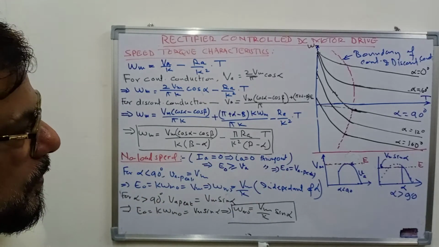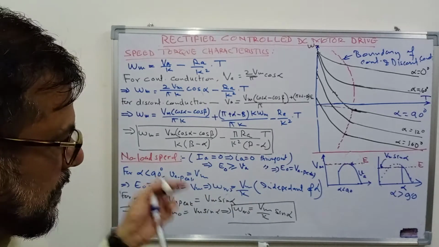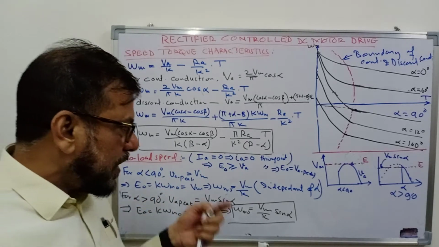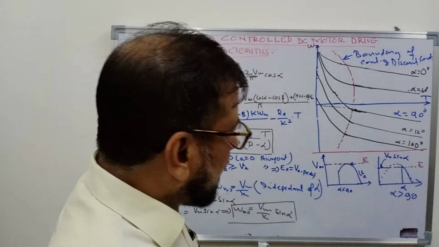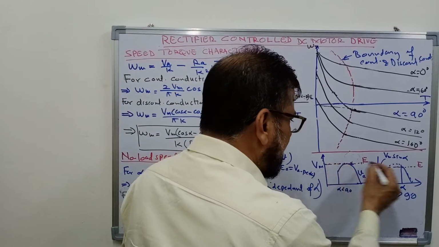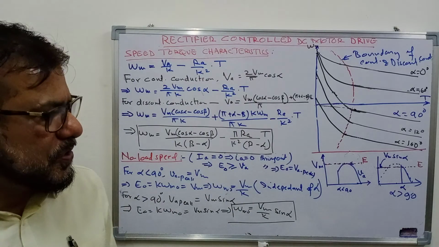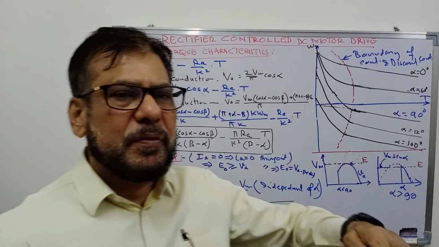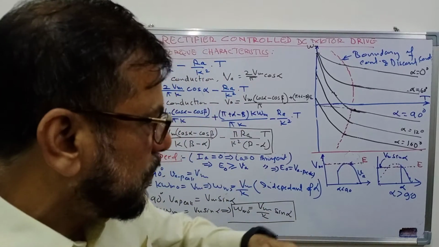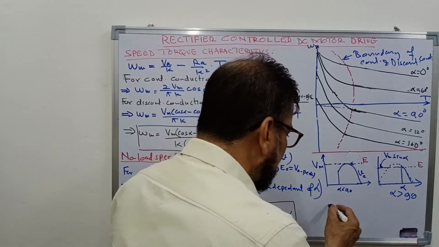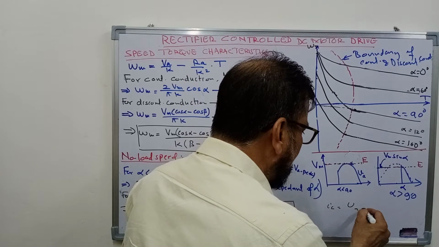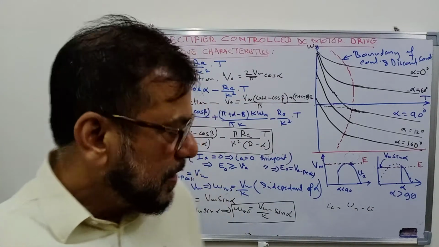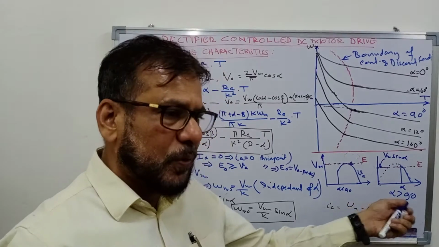And if you recall those equations and circuit diagrams, you can see that for Ia to be 0, the value of E should always be greater than or equal to the value of the armature voltage, because the current that flows here depends on VA minus E. So even if for a short interval of time VA becomes more than E, current will flow.